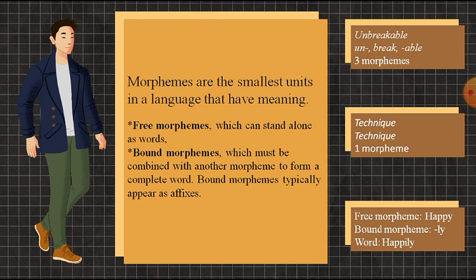So happy without ly is a free morpheme, but the word happily cannot stand alone. There are two morphemes there, happy and ly. So ly is the bound morpheme, and happy is the free morpheme.